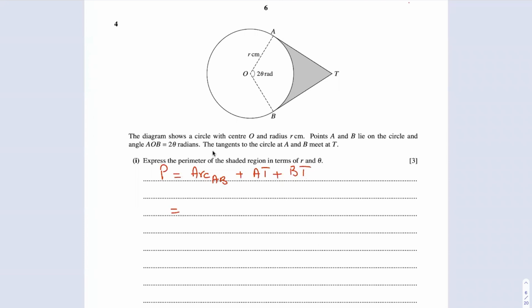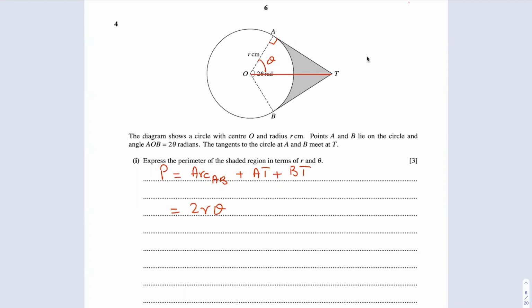So the arc length is given by s is equal to r theta. So the radius is r and the angle is 2 theta. So we can write it as 2r theta. Now for the length of AT and BT, we can divide this into two equal parts. We know that the tangent makes a right angle with the radius and this angle is theta.